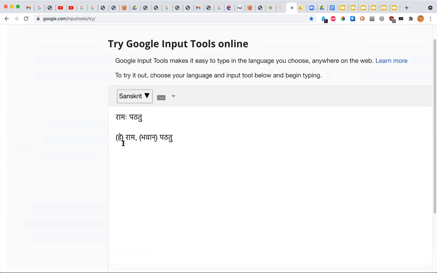You are addressing Rama: Rama, please read, Bhavan Patatu, or Rama, you read. Here, Rama is the Karta, Ramaha: let Rama read or may Rama read.